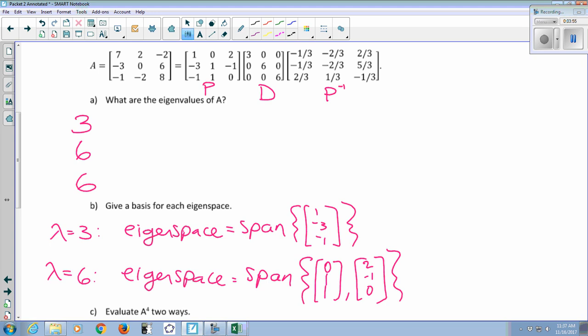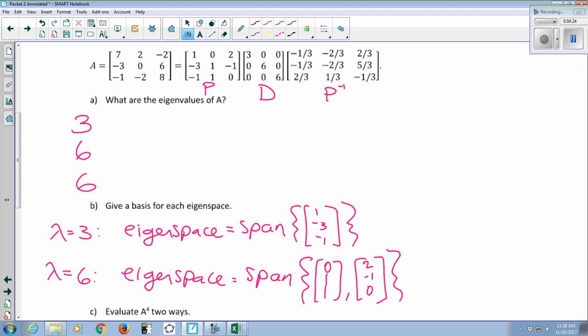When you're doing this in reverse, if you're asked to find P and D and you have an eigenvalue that appears twice, with multiplicity 2, then it needs to have 2 linearly independent eigenvectors to go with it in order to be able to diagonalize. If there were only one free variable when you're solving for the eigenvectors, then you can't diagonalize it.